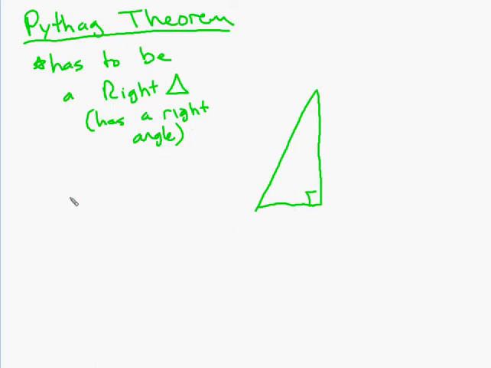Alright, so the idea of this is having to do with area. So if I took this side, let's say I hash marked it, and I found this area. And then I extended this side, let's hash mark that, and I found this area.